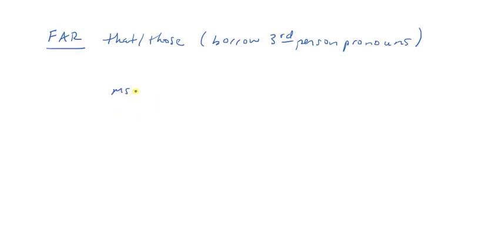So, what would be my masculine singular form? It would be hu. So I'm going to translate hu, if it's the far demonstrative, as that singular masculine thing. Feminine singular, hi. That feminine singular entity. What about masculine plural? Well, we have to borrow the third person pronouns in the plural, which are what?